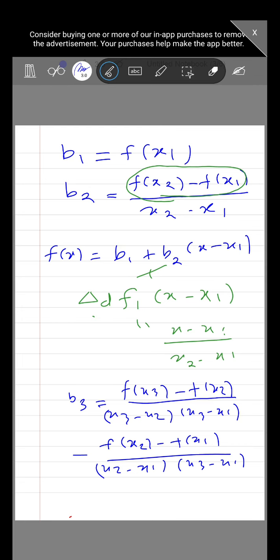Now this has been replaced by delta d square f1 into (x minus x1) into (x minus x2).